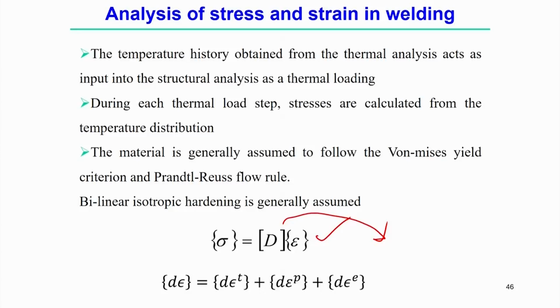In most cases we assume an elastoplastic material. When the material is elastoplastic in nature, the relation between the stress and strain can be modified. Within the elastic limit, D is the elasticity matrix, or if it is in the plastic zone, then D is the elastoplastic matrix. Then we need to incorporate the plastic material properties. We will see how D can be represented in different ways, either in elastic analysis or plastic analysis.